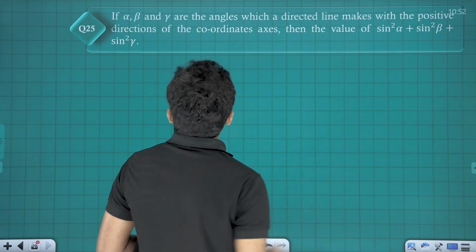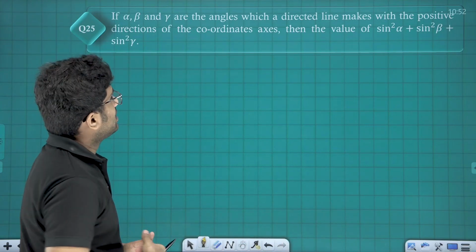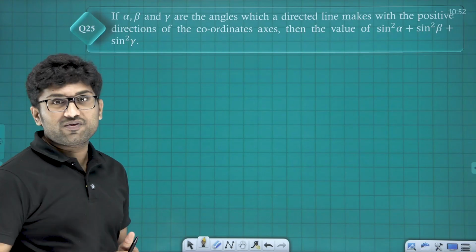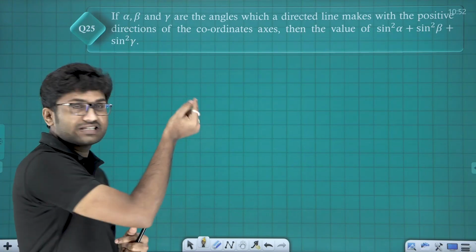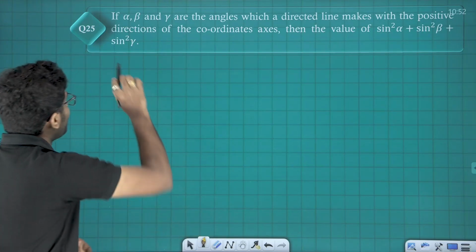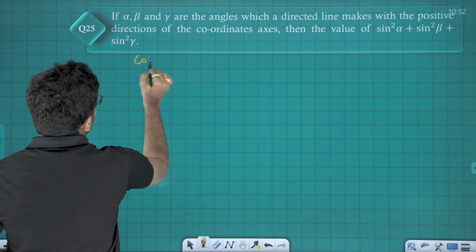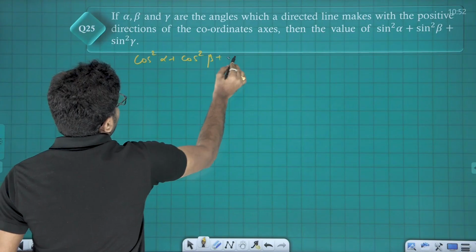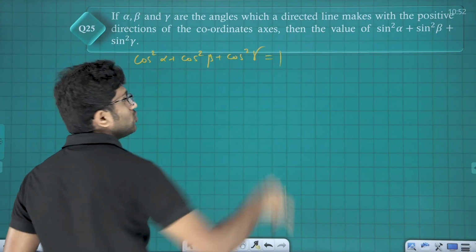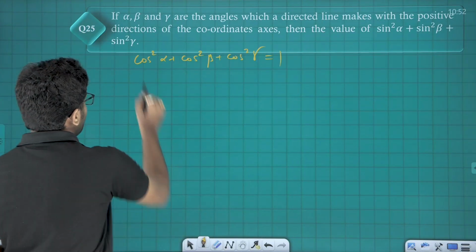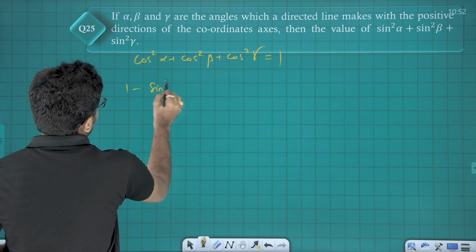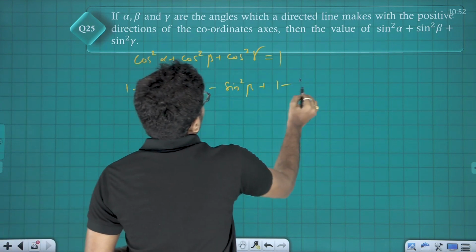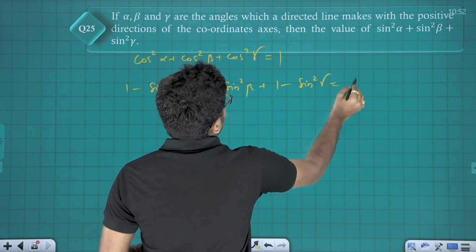Next question, or the last question friends. Alpha, beta, gamma are the direction angles with the coordinate axes. Then the value of sine square alpha plus sine square beta plus sine square gamma. It just takes 1 second to answer it, friends. We know cos square alpha plus cos square beta plus cos square gamma is equals to 1, sum of the squares of DCs is 1. Cos square alpha is 1 minus sine square alpha, and so on, so 1 minus sine square alpha plus 1 minus sine square beta plus 1 minus sine square gamma is equals to 1.